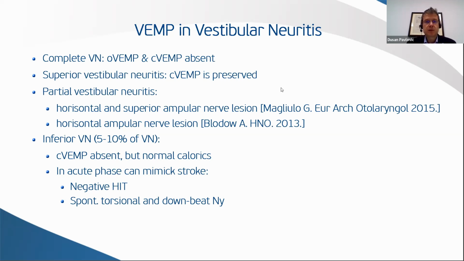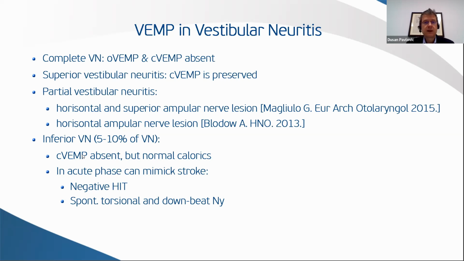And in the literature, we can find some rarer forms when just some sensors of the labyrinth are out of function. We saw an example of a patient with inferior vestibular nerve neuritis, which we consider just 5 to 10% of patients with vestibular neuritis.